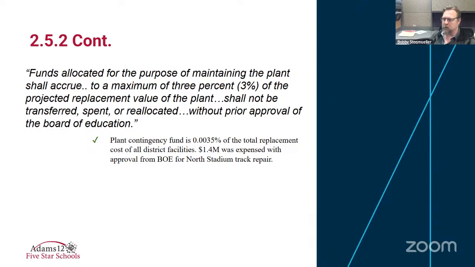And it's a reasonable amount that we're putting away in contingency for plant replacement. So I think that's about it on that one. Margie, do you want to?